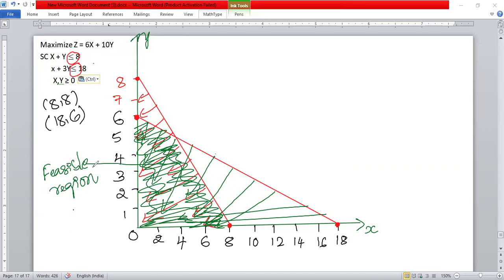Yes, you have to mark it and write feasible region. How many corner points are there? Yes, we have 4 corner points. So look at that. This is A and this is B. And there are two lines intersecting here. So that is called C and this is called D.